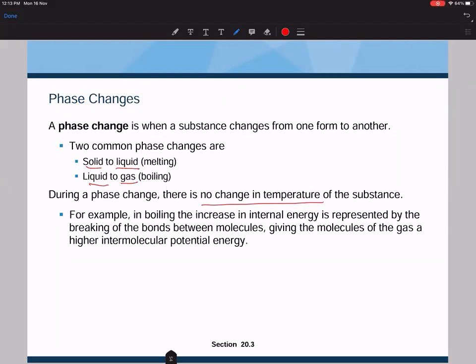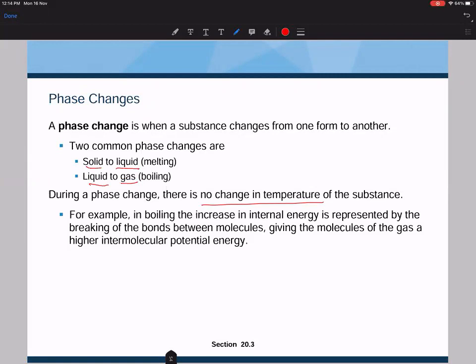But even if there is no temperature change, it does not mean that heat energy is not required. When you are melting a solid into liquid, you need to break some bonding or interactions between the atoms in order to make them mobile.